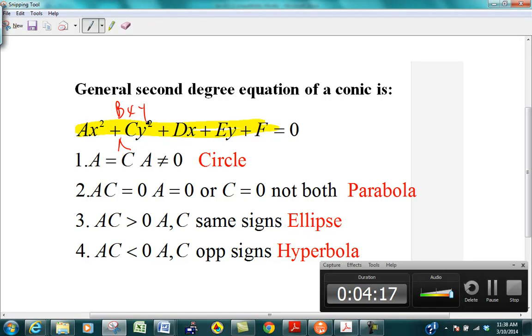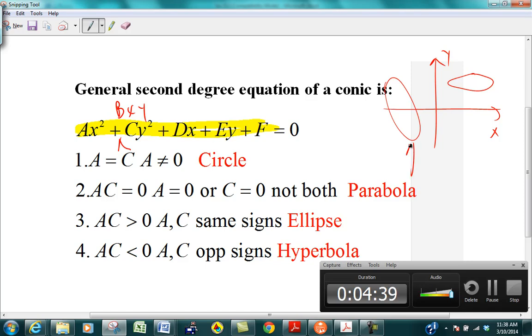When you do that, your conic sections will no longer be oriented at right angles to the x or y axis. Normally we've done conics that look like this. Tomorrow, we're going to rotate the conic. It's going to look like that.